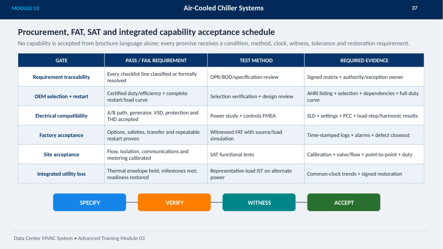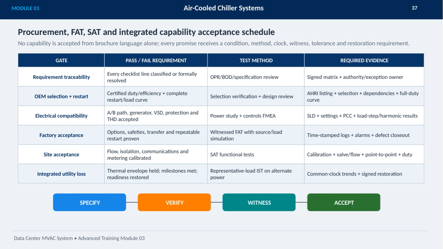The process begins with specifying requirements and verifying selections through detailed reviews and certifications, including OEM selection, efficiency ratings, and electrical compatibility. Factory acceptance testing involves rigorous, witnessed tests under simulated conditions to ensure functionality, safety, and repeatable restarts.